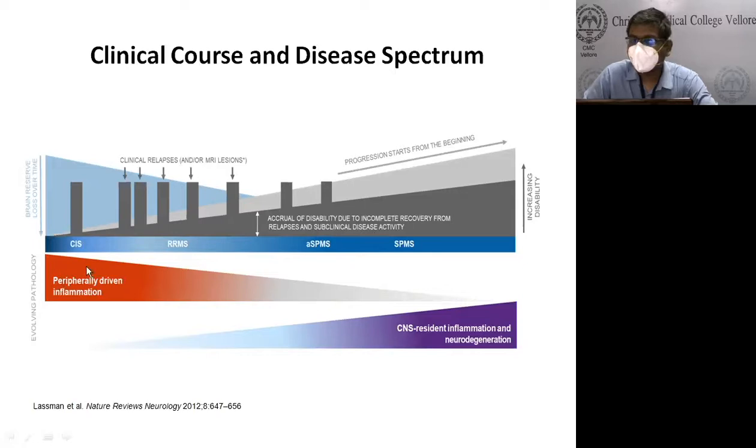And what is seen, very important to note from a pathological perspective as well as from a treatment-focused perspective, is that in the first phase, that is the inflammatory phase, the inflammation is mainly peripherally driven. That is, you have some antigenic trigger, the autoimmune cells are triggered in the periphery, and they cross the blood-brain barrier. I'll be coming to that in the subsequent slides. Whereas once it enters the progressive phase, the inflammation becomes resident in the CNS.